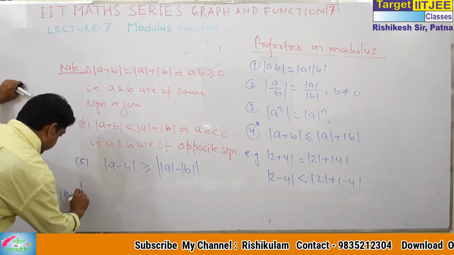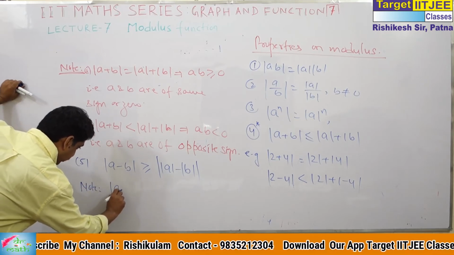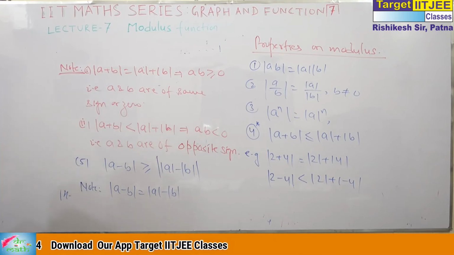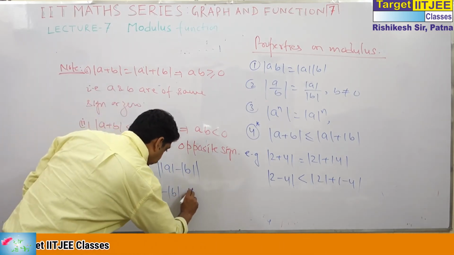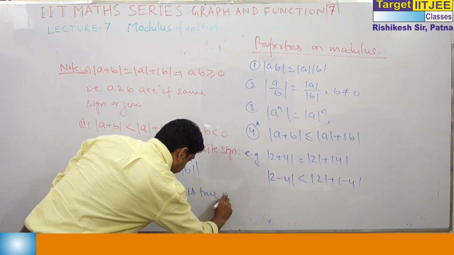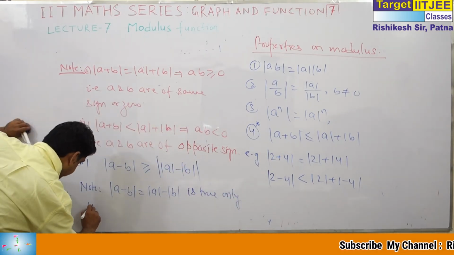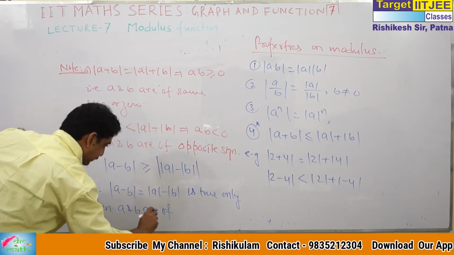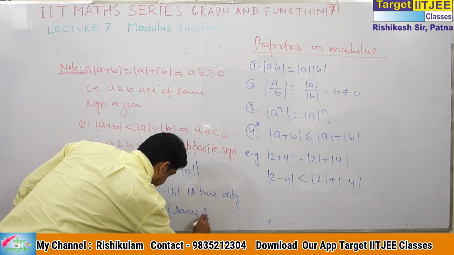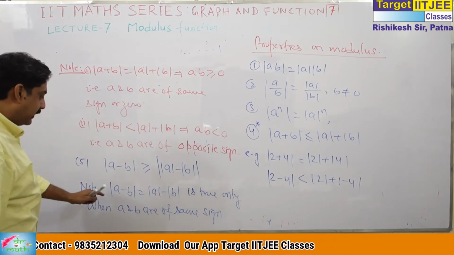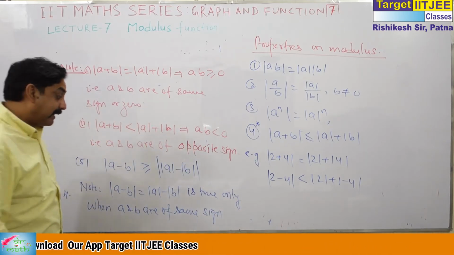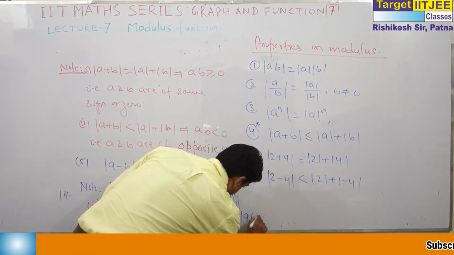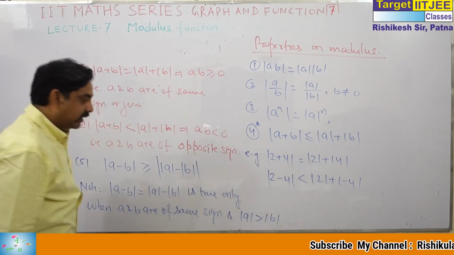So there is one more note. When this happens, equality is true only when A and B are of same sign, meaning both A and B are positive or both are negative, and along with that, mod A must be greater than mod B.